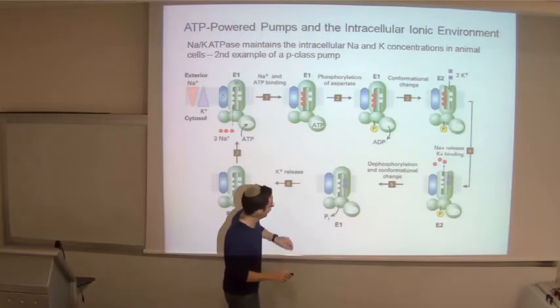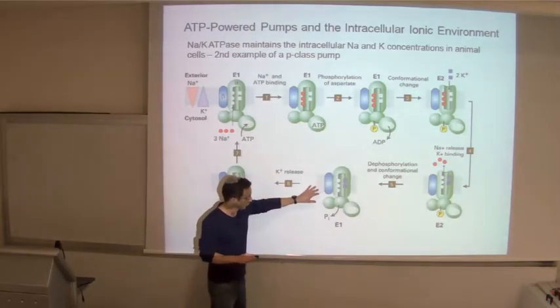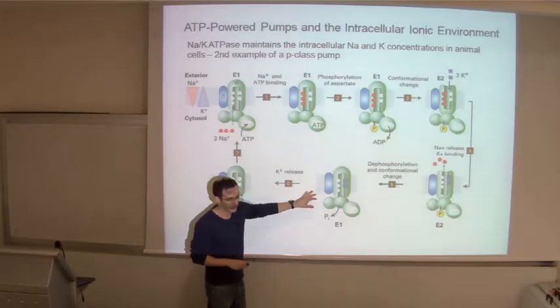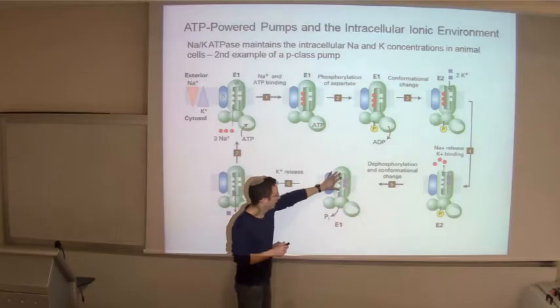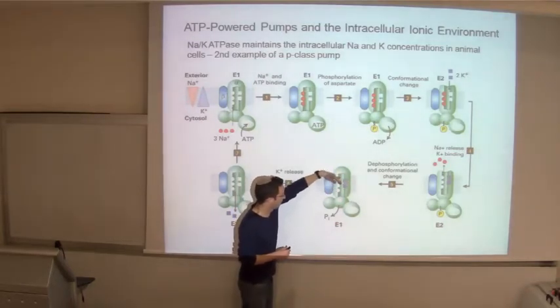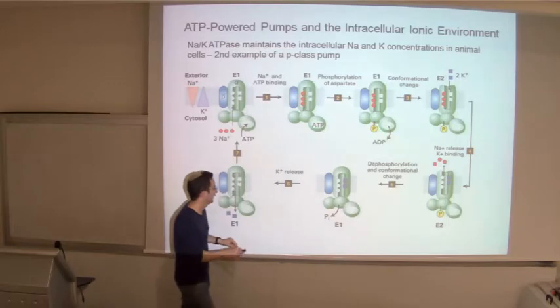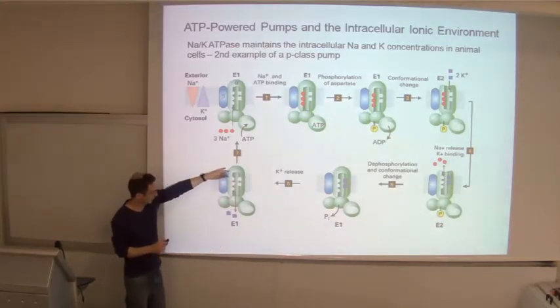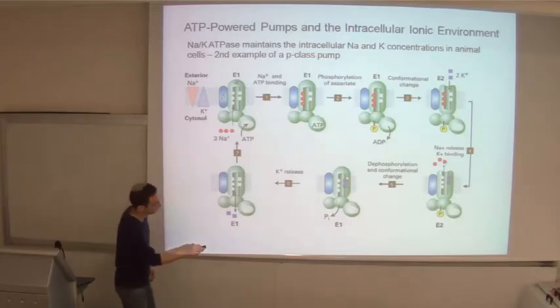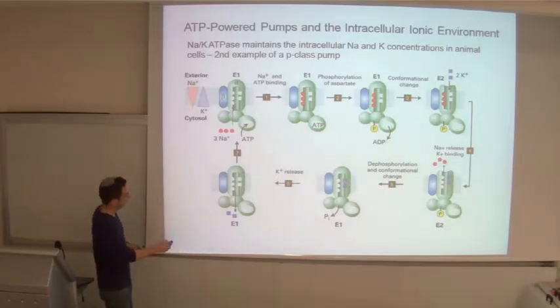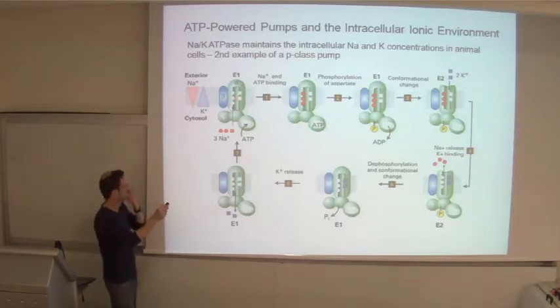So we are still in E2, and now the release of the phosphate from the aspartate drives us back to E1, as was the case previously, and now again we're facing towards the cytosol, and the 2 potassium ions are released into the cytosol, because in this case their affinity to their sites diminishes. And that's it, we're back with 2 empty binding sites for the 2 ions in an E1 state.